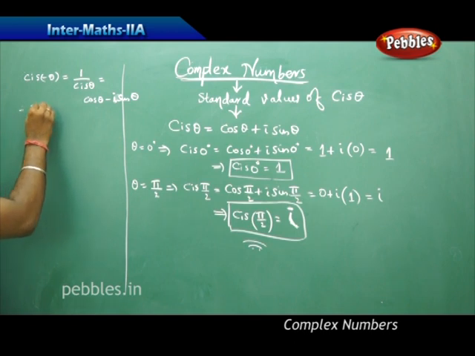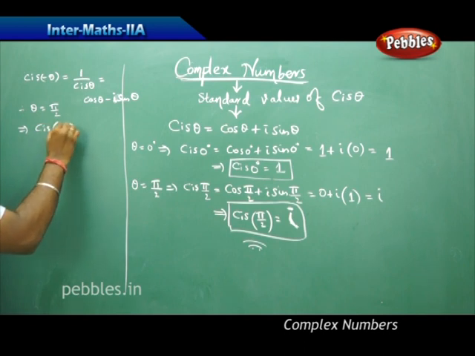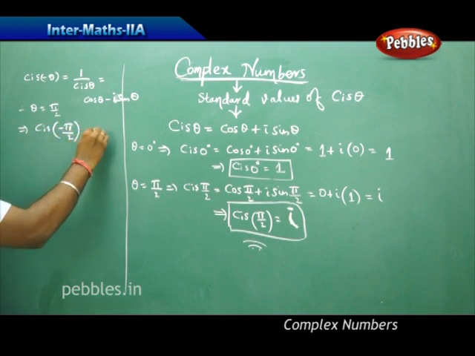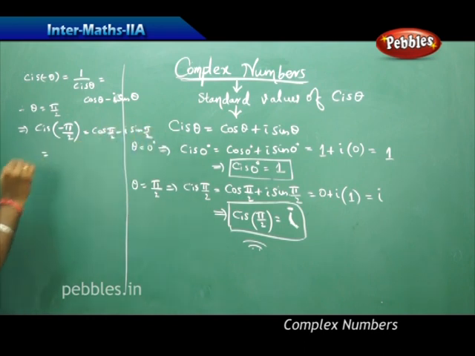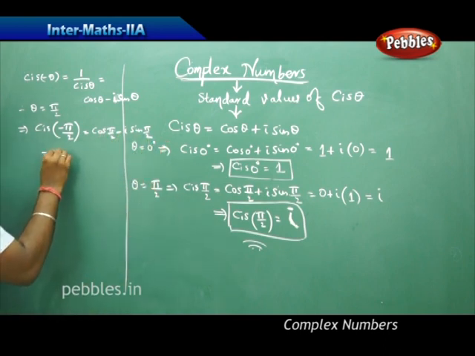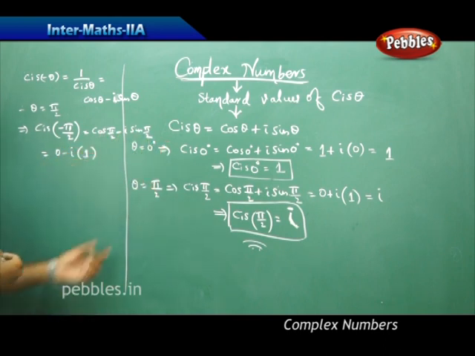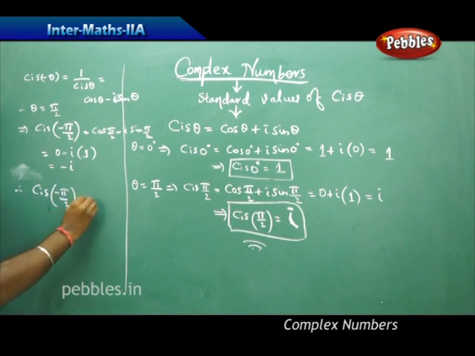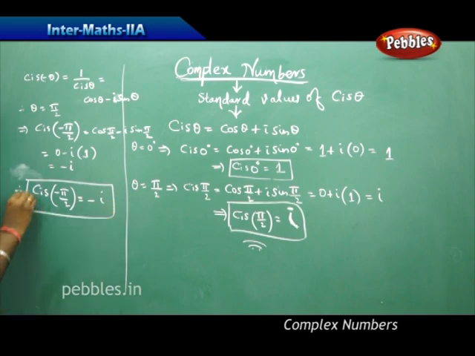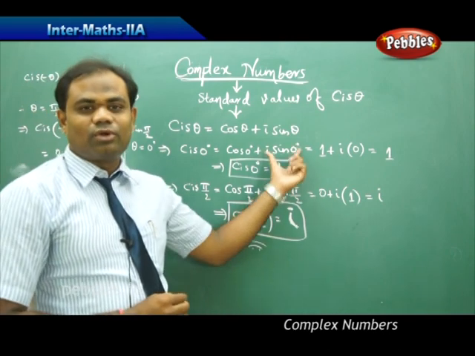Therefore, theta equal to pi by 2 implies I get cis minus pi by 2, which I wanted to find, as cos pi by 2 minus I sin pi by 2, which on simplification on the right side gives me 0 minus I times 1, because sin 90 is 1 and cos 90 is 0. That implies I get this as minus I, because 0 minus I is minus I. Therefore, cis of minus pi by 2 is minus I, which I identify as one of the different properties we get here.